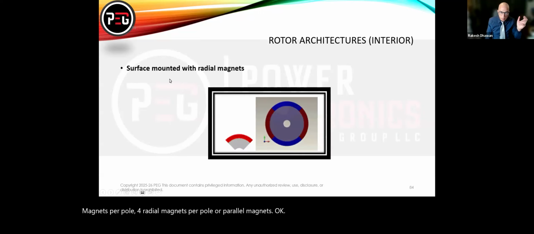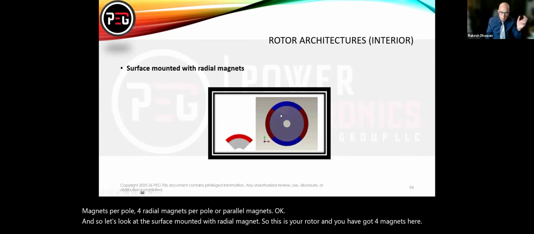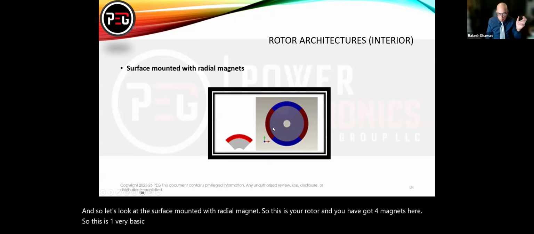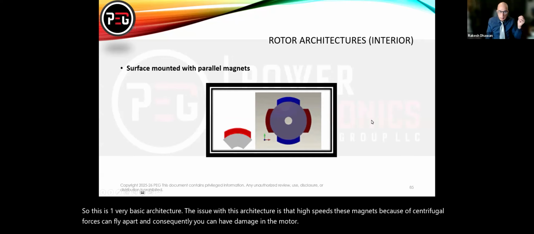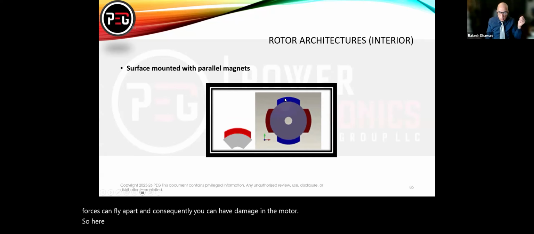Okay, so let's look at the surface mounted with radial magnet. So this is your rotor, and you have got 4 magnets here. This is one very basic architecture. The issue with this architecture is that at high speeds, these magnets, because of centrifugal forces, can fly apart, and consequently you can have damage in the motor. So here is essentially a bread loaf magnet. These are also surface mount magnets, but you have gaps in between the magnets.